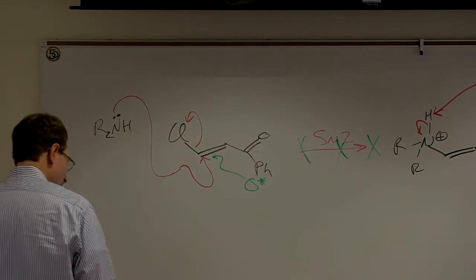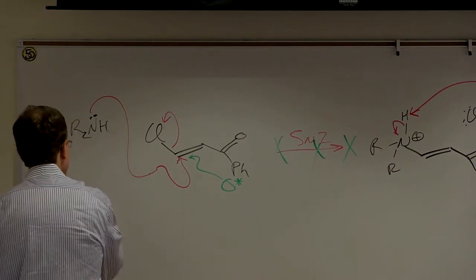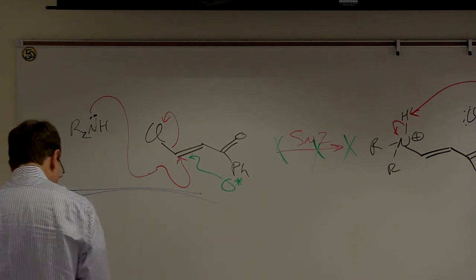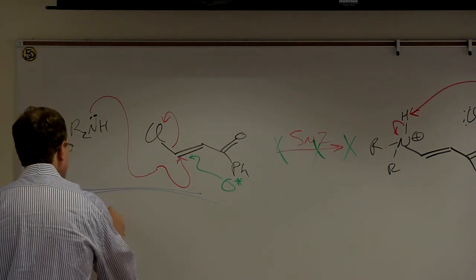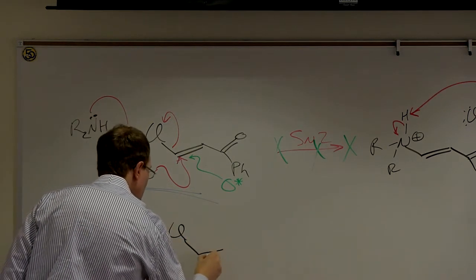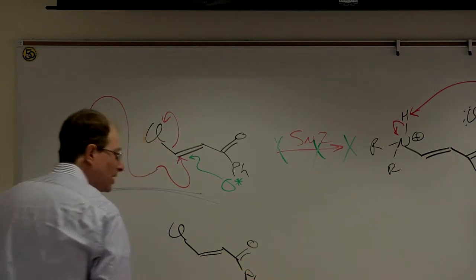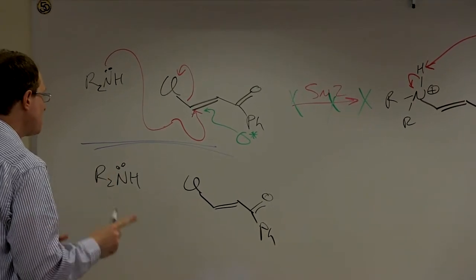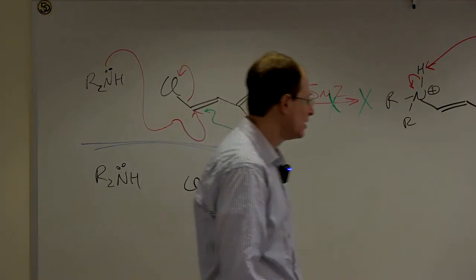A different mechanism would start, so I'll draw some lines through here. A different and more correct mechanism will this time have the lone pair in that non-bonding orbital of nitrogen attacking the pi star orbital of this alpha beta unsaturated carbonyl.